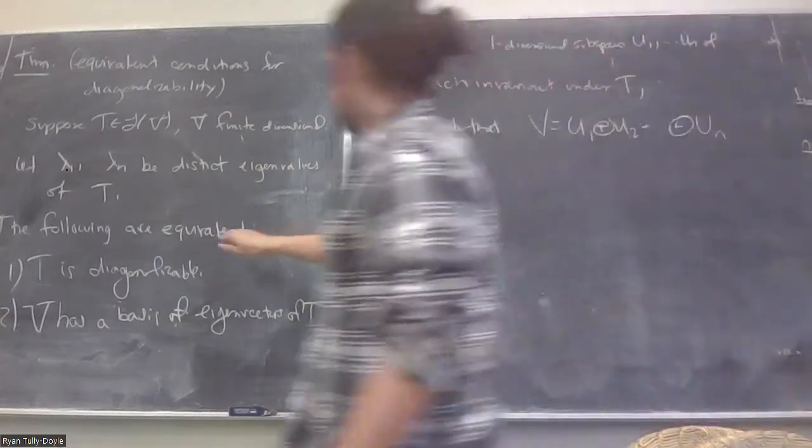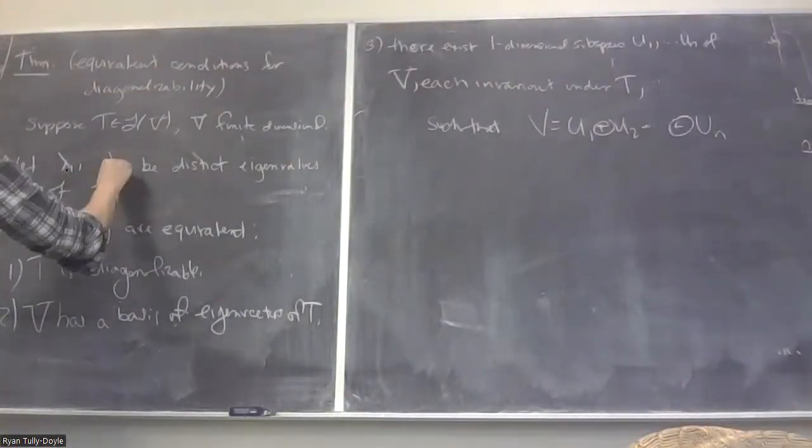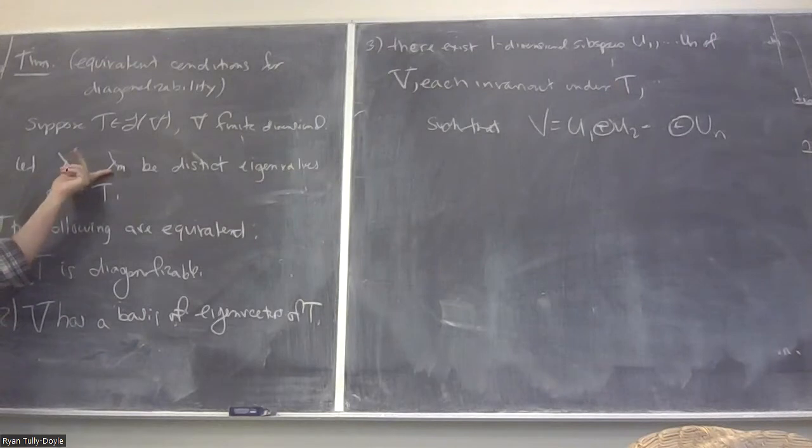This is not supposed to be an n here. This is supposed to be an m. I apologize. I'm trying to say that this could be strictly less than the dimension of V.